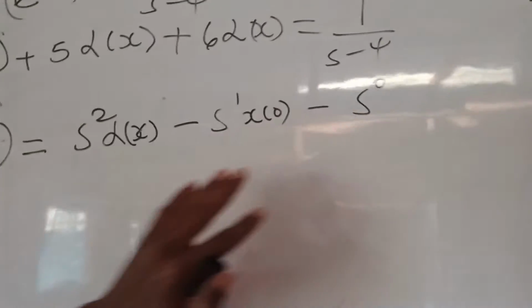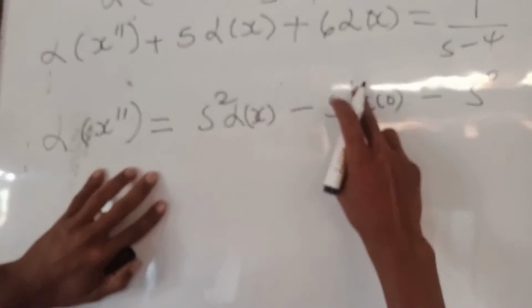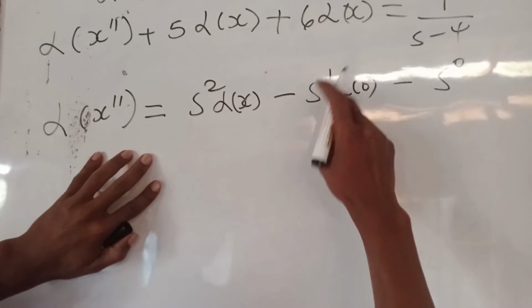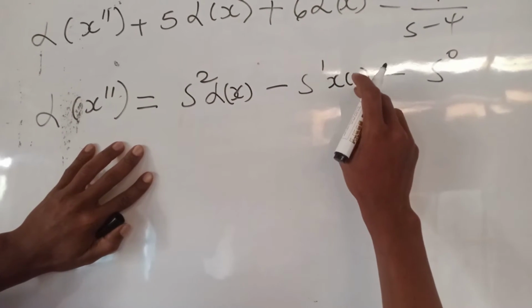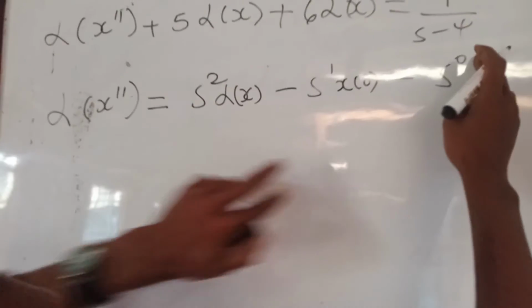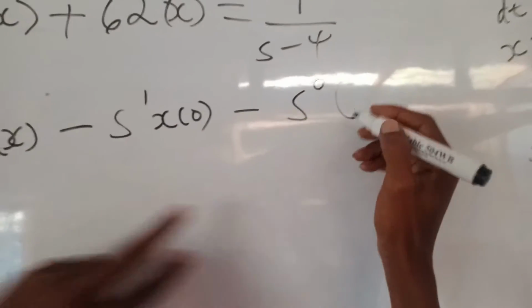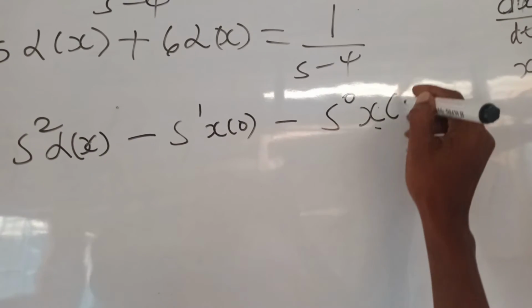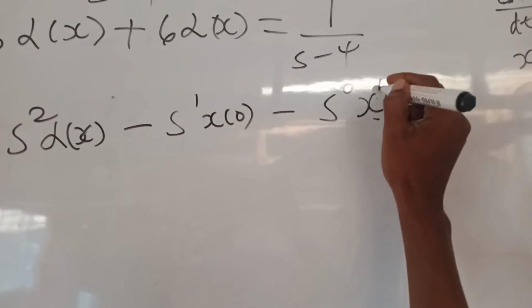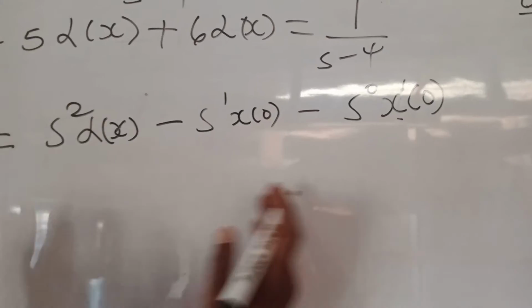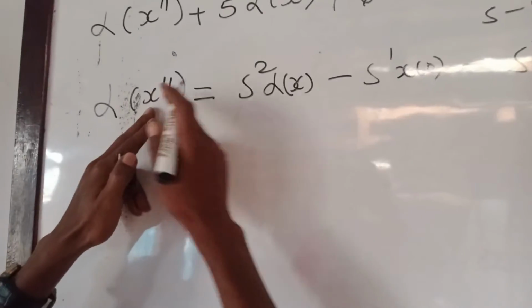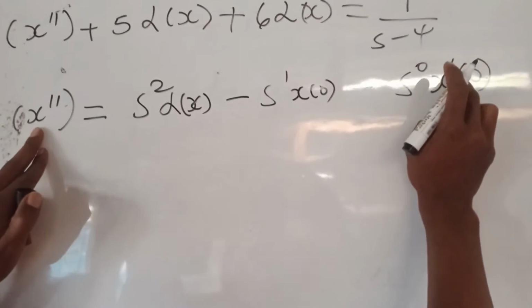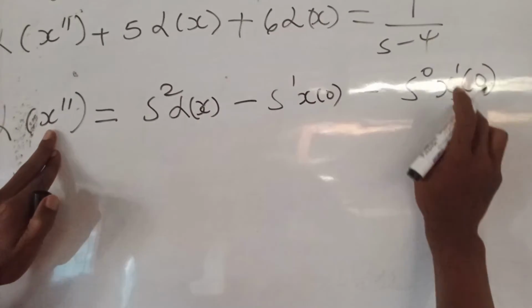So now we come, this is s prime, s prime x into brackets 0 minus s power 0 into x into 0, x prime into 0. Remember that we have this one is a double prime, so here it must go until a single prime of x.